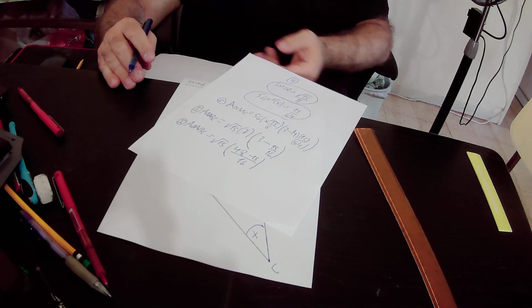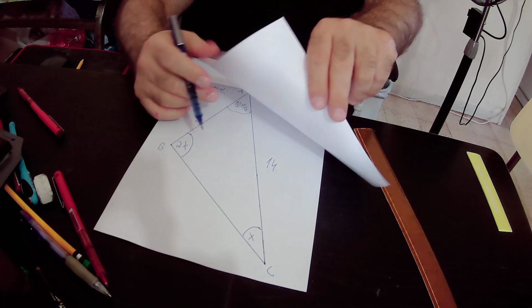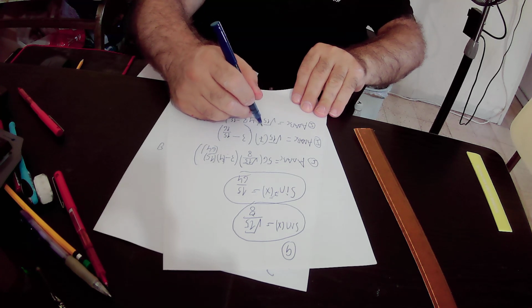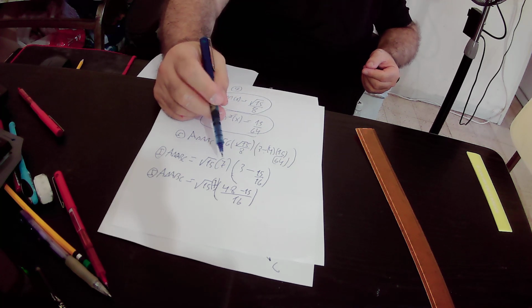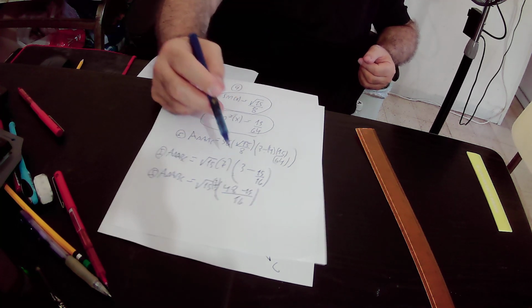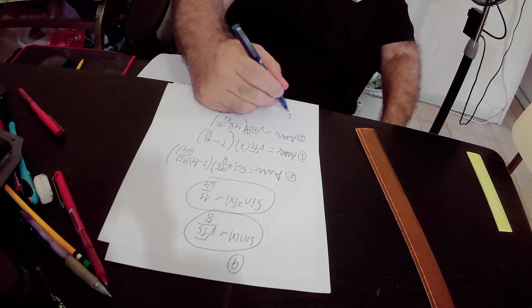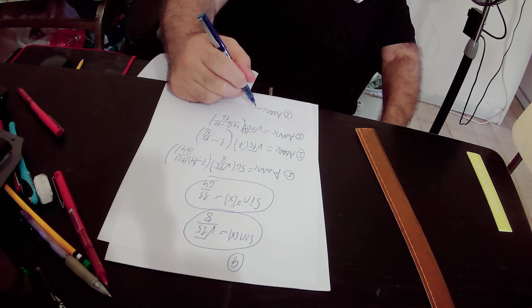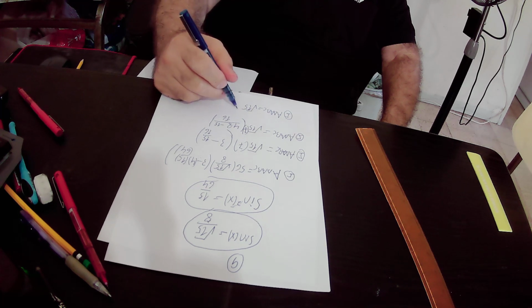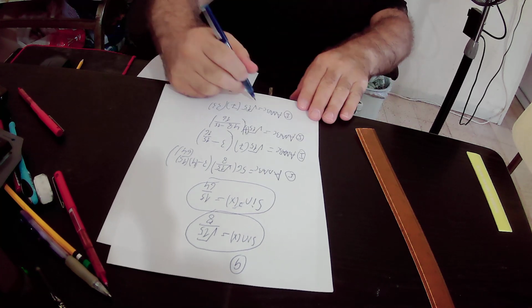Okay, so the area of triangle ABC equals root 15 times 7 times, 48 minus 15 is 33, over 16.